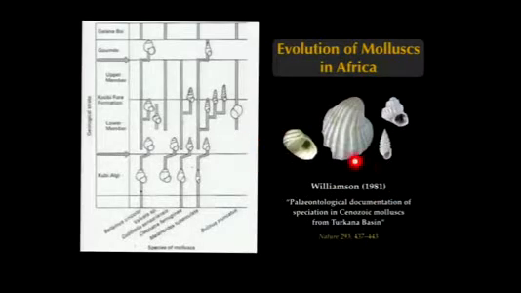This was a study right in the heart of that debate that seemed to support a punctuated equilibrium model. Again, these Great Lakes of Africa, in this case mollusks, and the shape of the evolution of the mollusk tree in these African lakes. Looking at fossils, an excellent fossil record going way back in time.